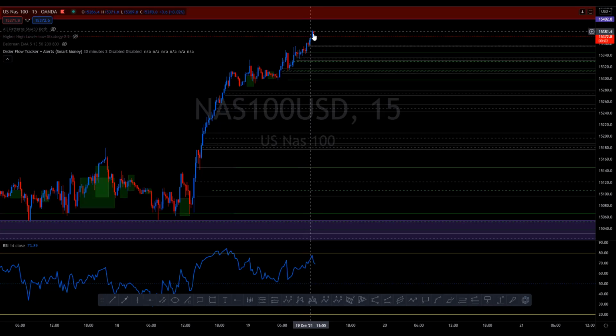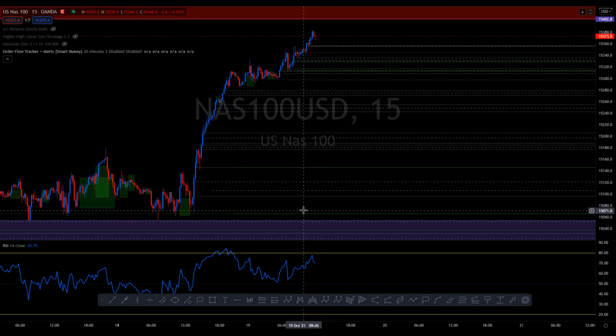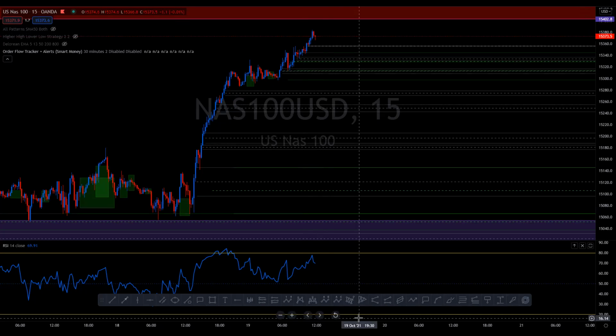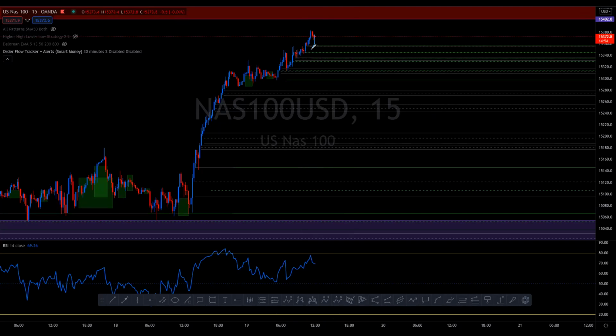So what's going to happen is the banks are going to have to bring price back down to close all of these sell orders, bring it down, pull back, bring it down, pull back to close those sell orders, and then all the way down to here, because there's sell orders all along here, here, here, and here.